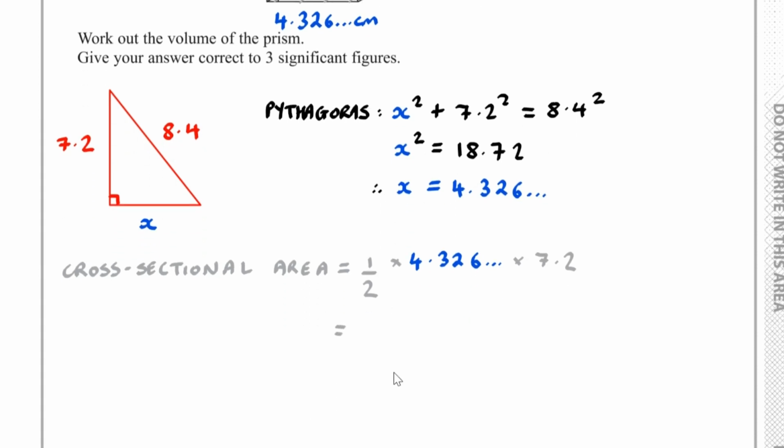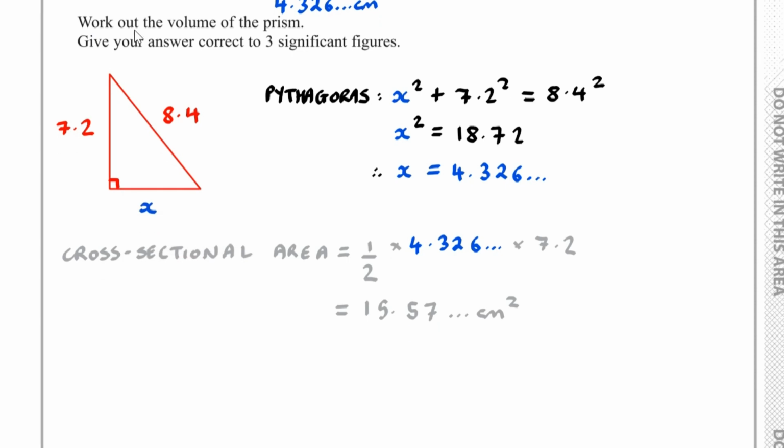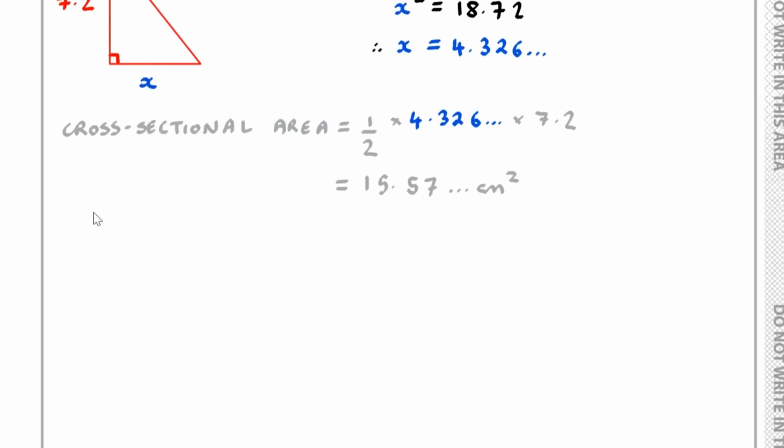So working out the cross-sectional area, I've got 1/2 times by this times by 7.2, which is equal to 15.57, etc. centimeters squared.